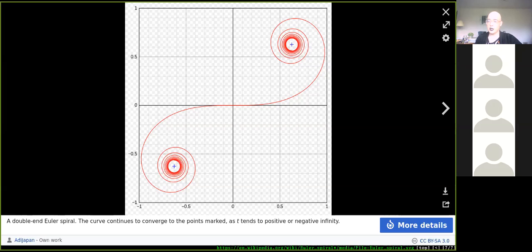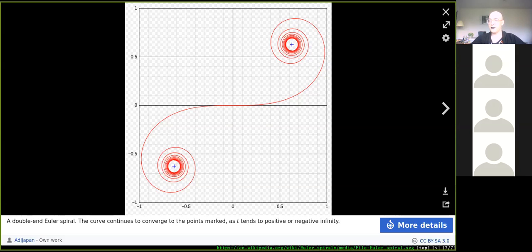This is a function for which x and y are both plotted with respect to a time variable, so we usually call that t. So I have an x of t and I have a y of t. You can think of this as really two functions. One of those tells me the x coordinate, and the other one tells me the y coordinate.